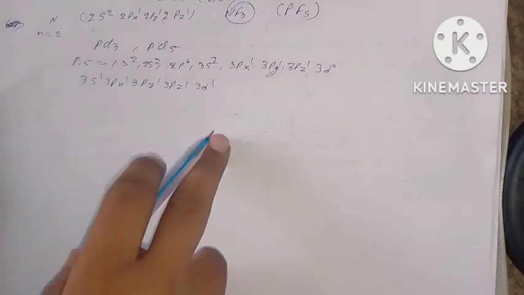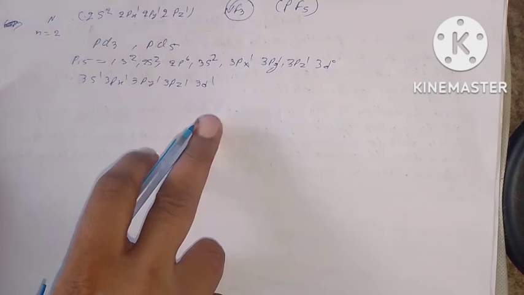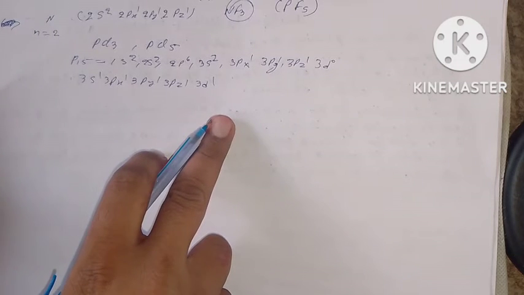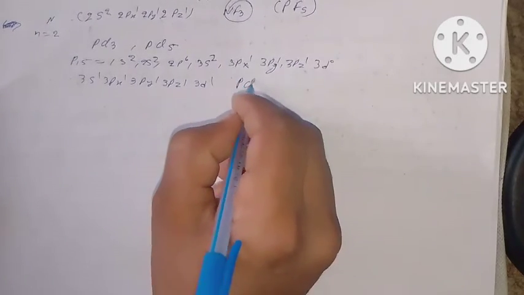These 5 orbitals overlap with 5 p orbitals of chlorine atoms and form PCl5.